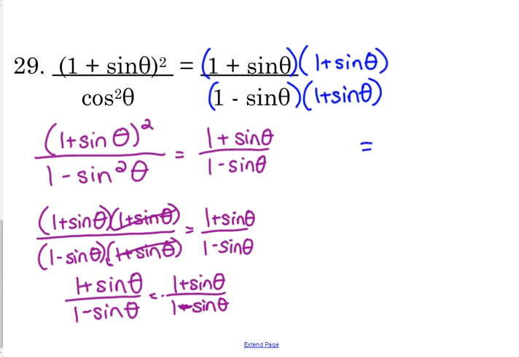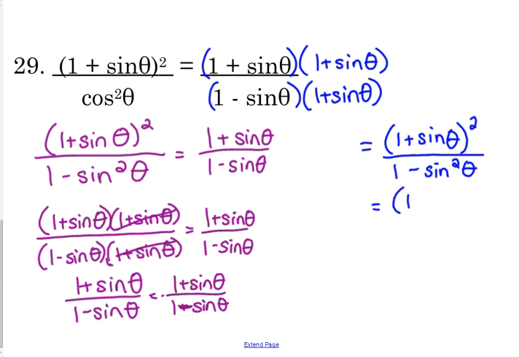So from that, I'm just going to write down what I have on the right side here. I've got 1 plus the sine of theta times 1 plus the sine of theta. That's just 1 plus the sine of theta squared. When we FOIL it out, 1 times 1 is 1. The outside gives us positive sine. The inside gives us negative sine, so they cancel. And then negative sine times positive sine is negative sine squared.